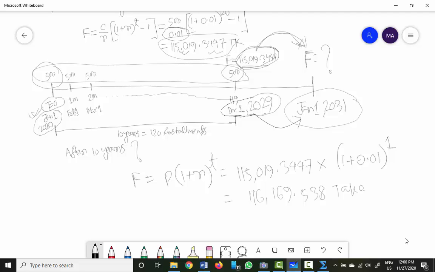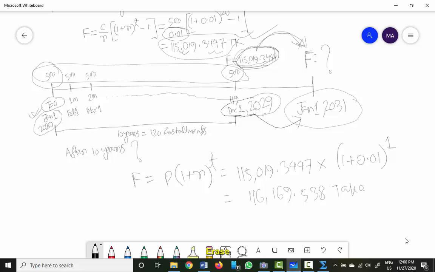So the future value of annuity is this value, which you will get at December 1 2029. This is the last period, the period where the account matures. That means this is the period where you will get the future value of annuity.